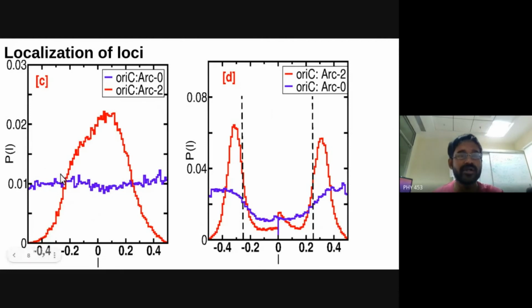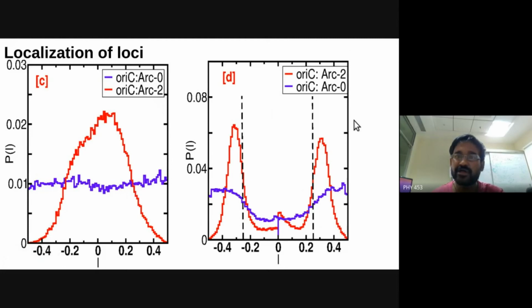Using our model, we find that we obtain the localization patterns of the loci. For example, here we show the localization for ODC, which is shown in red, and it is nicely peaked around the mid cell position. This is for a single ARC2 polymer, whereas for ARC0, which is just a ring polymer, we see that there is no such localization pattern.